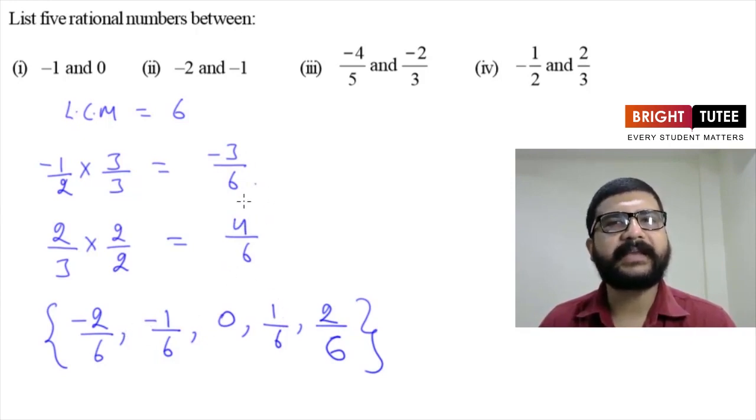Otherwise, we can create a gap by multiplying it with 10 upon 10 and the second number also with 10 upon 10. So like this we can find rational numbers between any two given numbers. So can we find only 5 rational numbers? No, we can find unlimited rational numbers, as we have seen earlier also, that between any two rational numbers there are unlimited rational numbers.